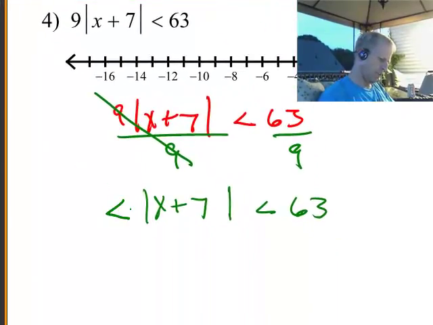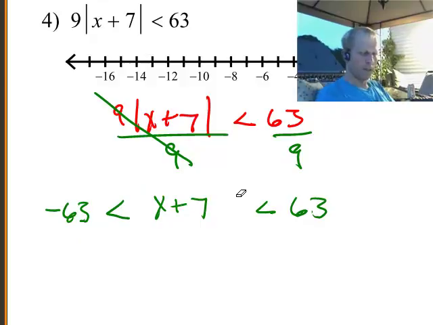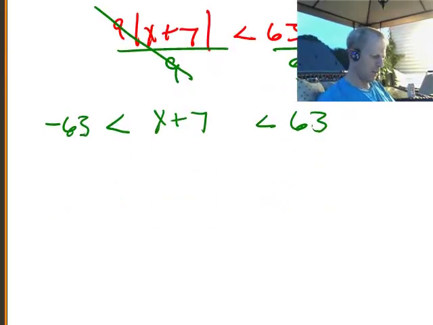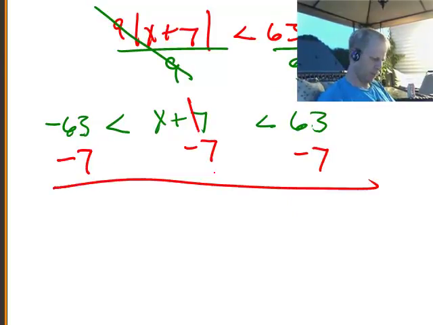So what I do is I tack on another less than symbol out front, put 63 but change its sign, and then I can get rid of the absolute value symbols. And then I just need to solve. So I'm going to subtract 7 from all three sides.